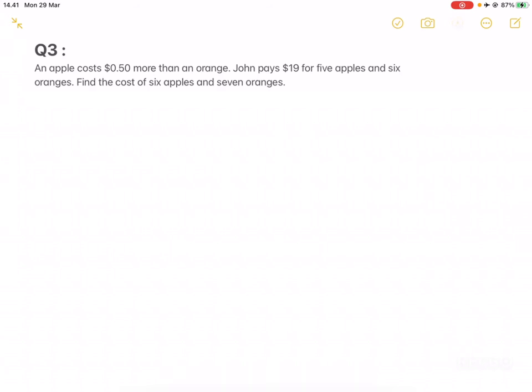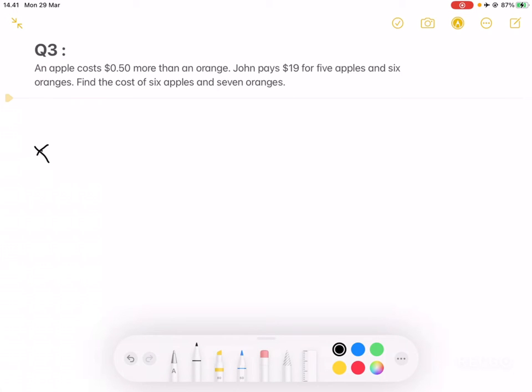Well, you can just design this as a problem involving 2 variables. Let's suppose the cost of an apple is x and the cost of an orange is y.